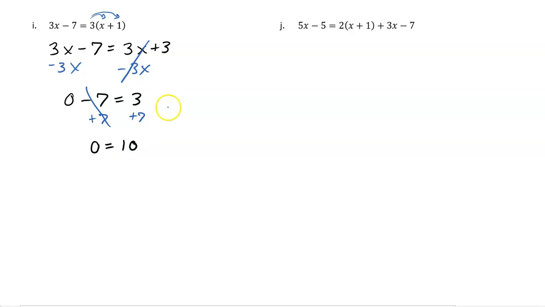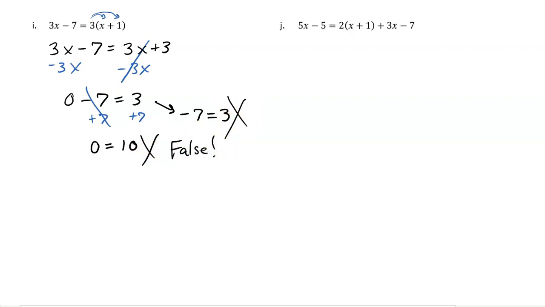If I didn't even move the 7 over, if I left it up here, 0 minus 7, well, that's negative 7. And is negative 7 ever equal to 3? Is there any way that this can be true? Or if I went the other way, is 0 ever going to equal 10? No. These are false statements.